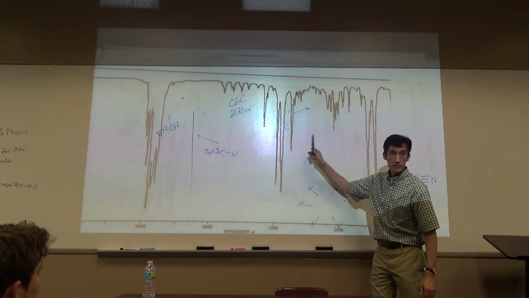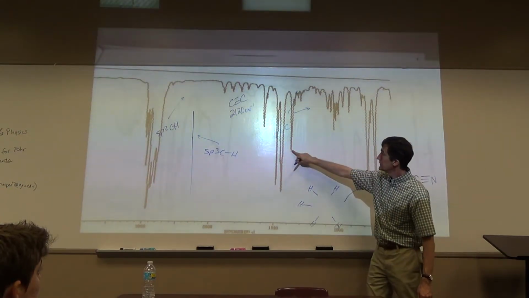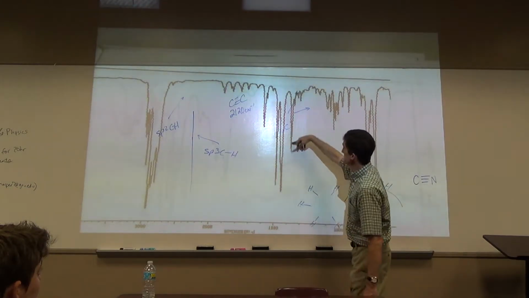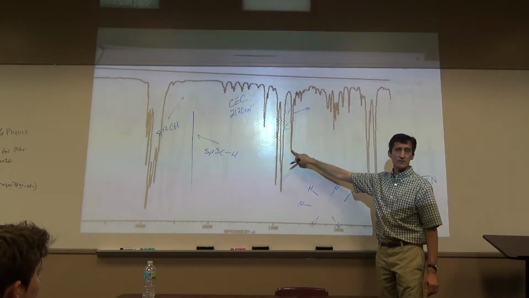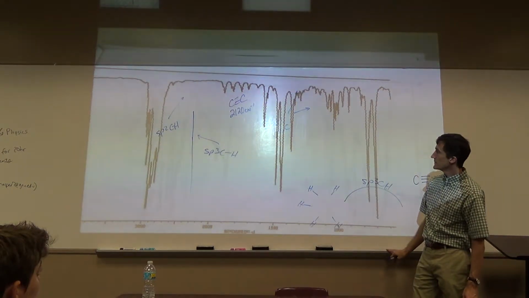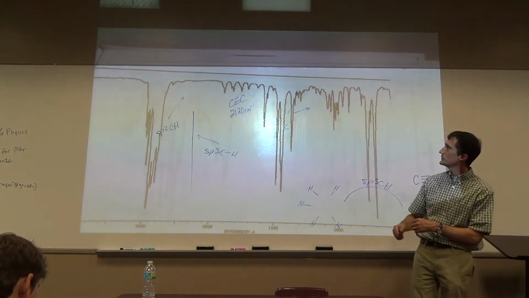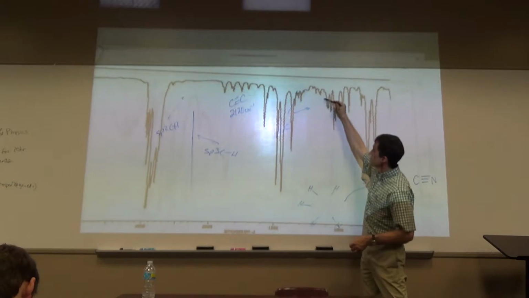You think one of these is an overtone of this? I don't know, it's pretty intense. Usually overtones aren't quite that intense. I kind of doubt it. It's just a little bit too intense. Usually overtones are sort of little blips.